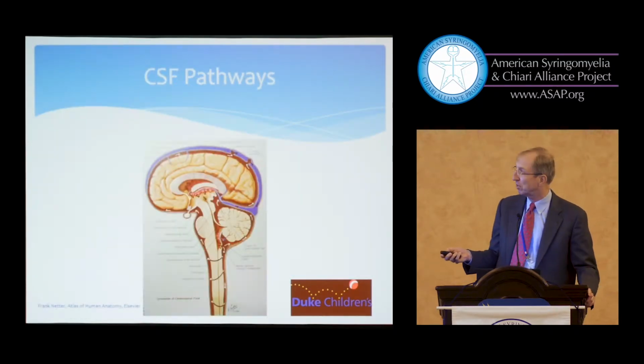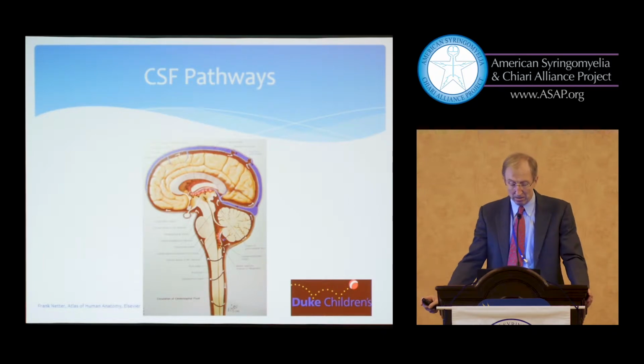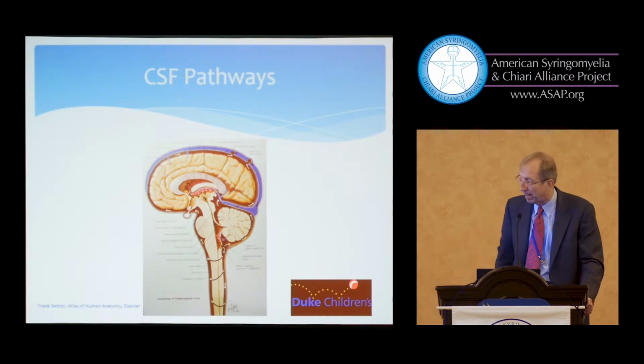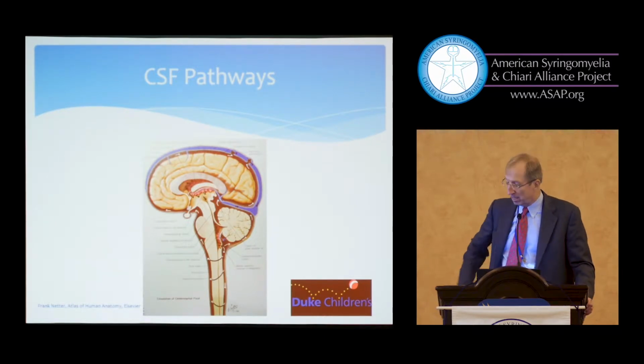I have no disclosures. This is a diagram done by Frank Netter, one of the famous anatomists, and he did a beautiful series of anatomy textbooks showing the CSF pathways.